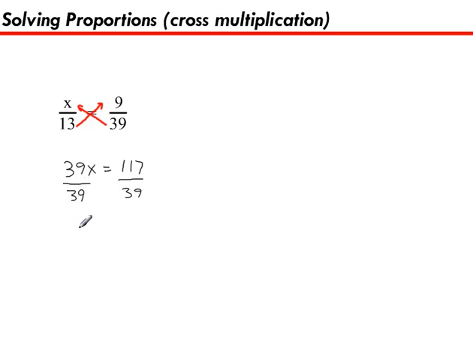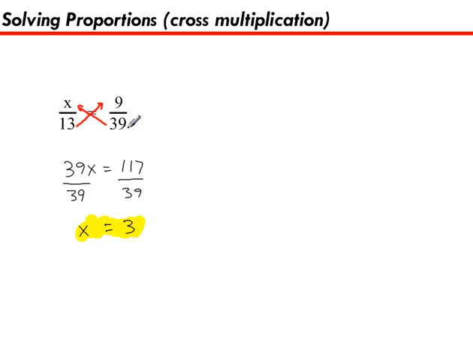And typically we don't bother to write that 1 in front of the x. So I'll just say x. 117 divided by 39 is 3. And that's my answer. So this is a skill that could be used to find the length of the side of a triangle.